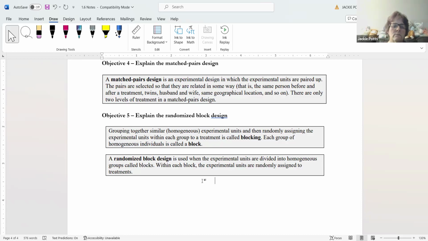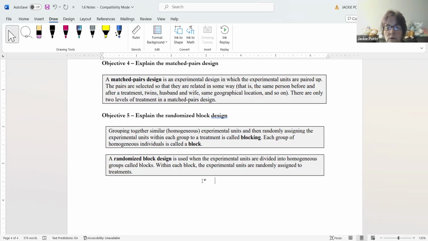And they need to be related in some way. And twins are wonderful when we get twins into it. That's my biggest thing that I can talk about on matched pair. But we're going to take people that are paired up and call them 1A, 1B.